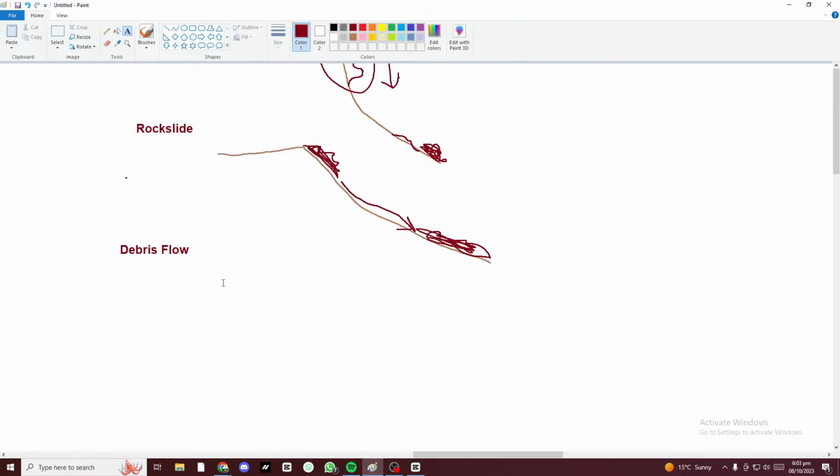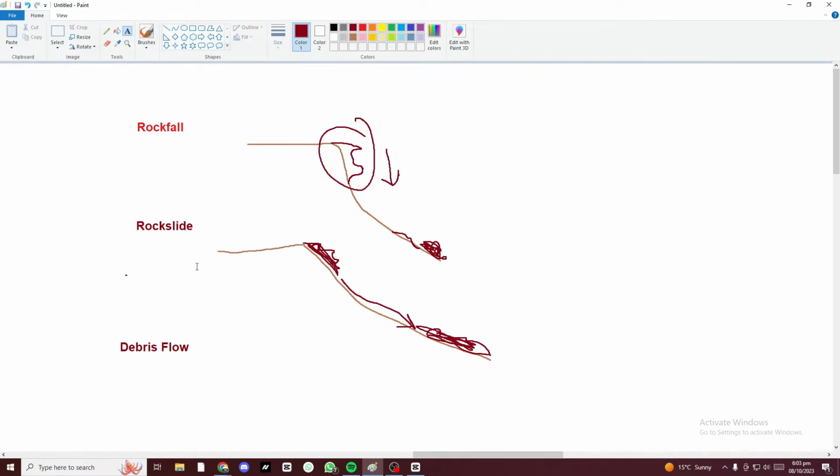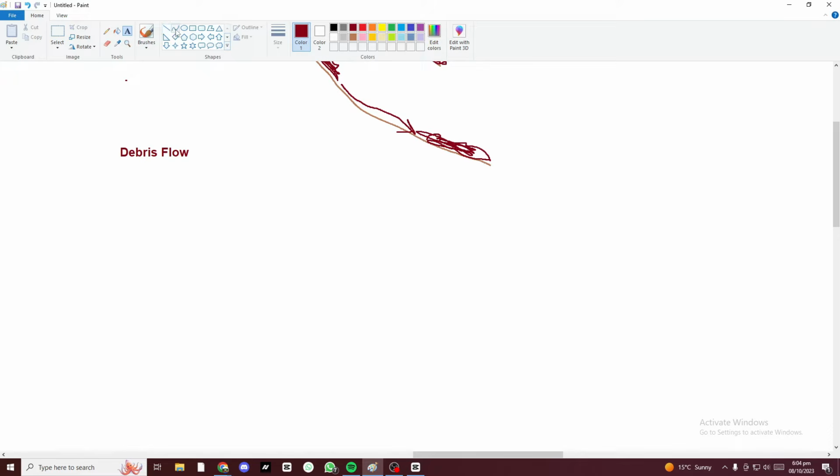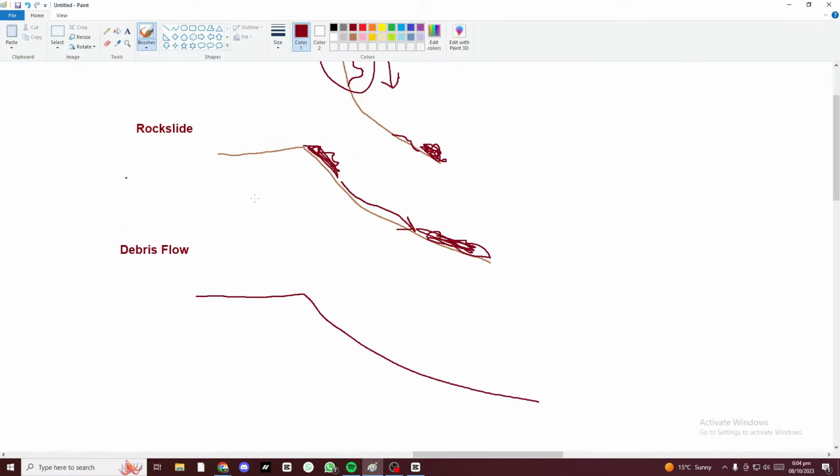So a debris flow is similar to rockfall and rockslide in the sense that it's just earth falling down a hill. However, a debris flow is mainly caused by water. A debris flow occurs when there is a lot of moisture on the surface of this cliff or hill, which has saturated the soil.